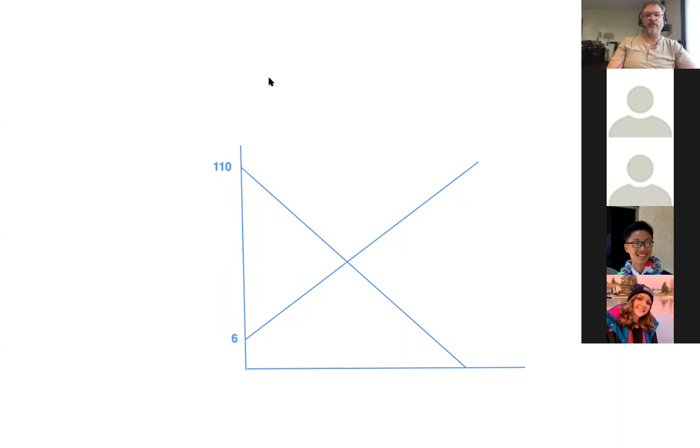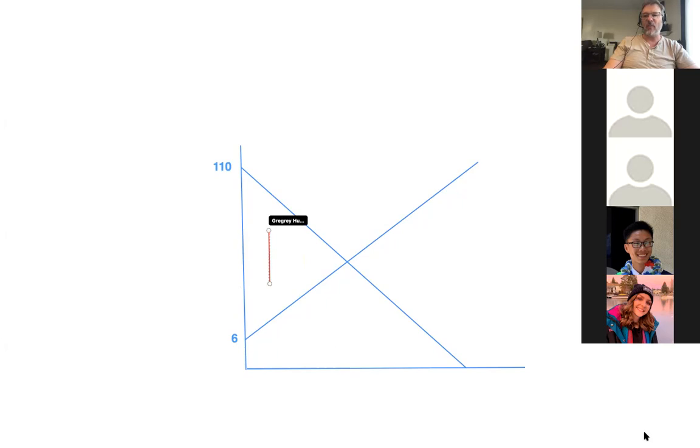But then what we do is we show what we call a tax wedge. Notice this is supposed to be a vertical line, and you can measure it on the vertical axis. It's supposed to be a distance of 15 units, in this case $15.